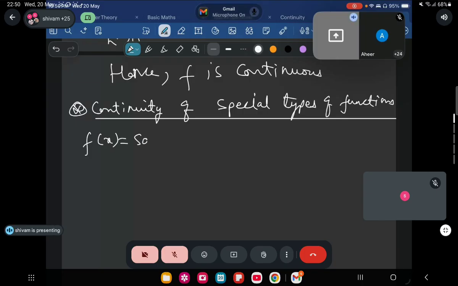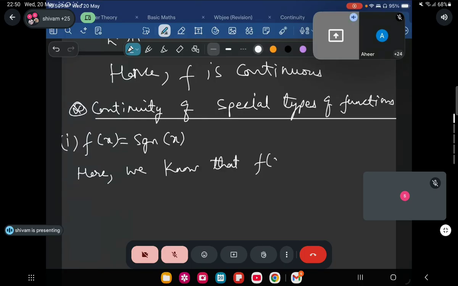F of x equal to signum of x. Okay, so over here, we know that f of x equal to signum of x is discontinuous at x equal to 0.